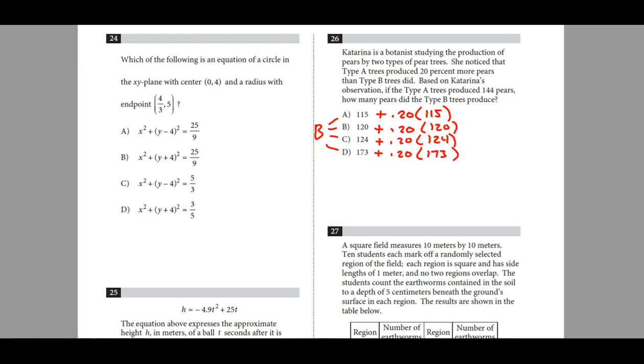Well, first of all, I know it can't be D. I wouldn't even mess with my calculator for that one because that's already too big. But if you go through these and punch them in, you just keep going until you get 144, which would be B. So that's another option to kind of cheat and use their answers and figure it out.